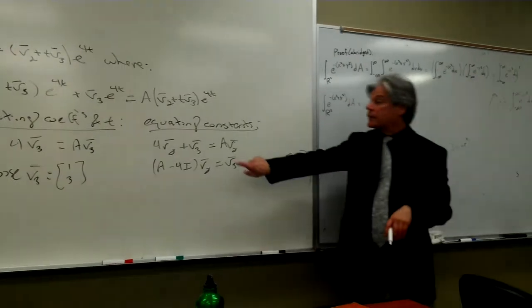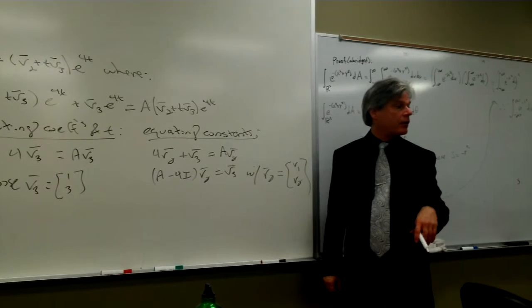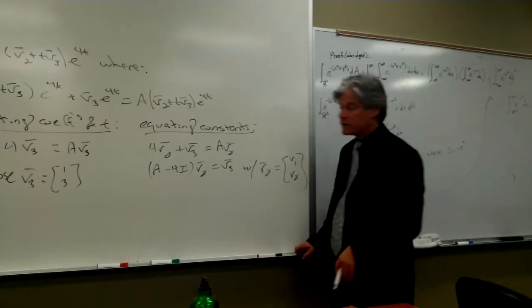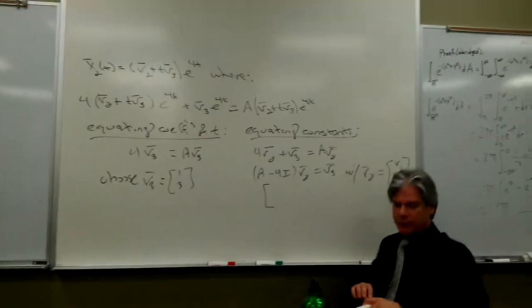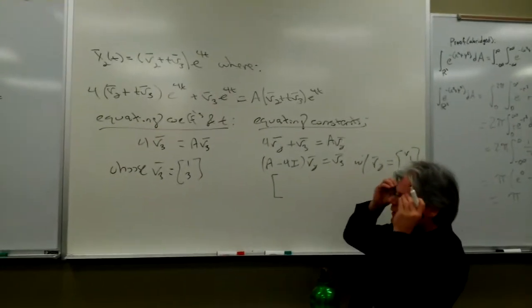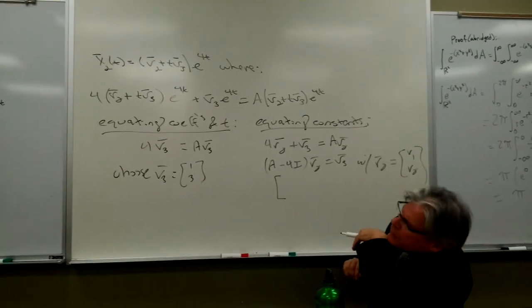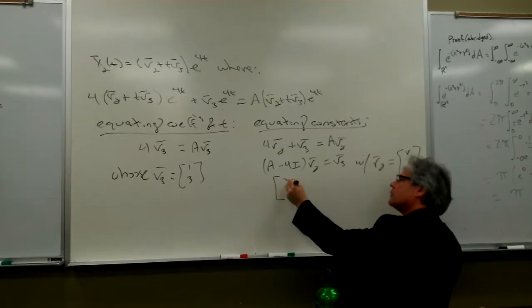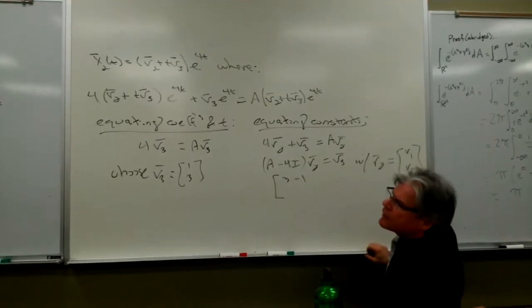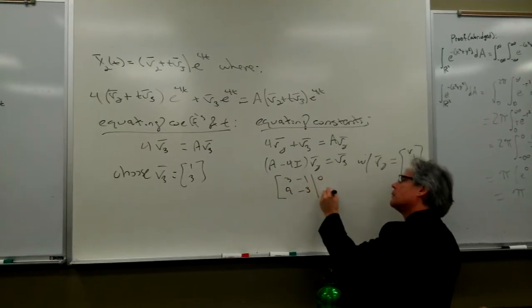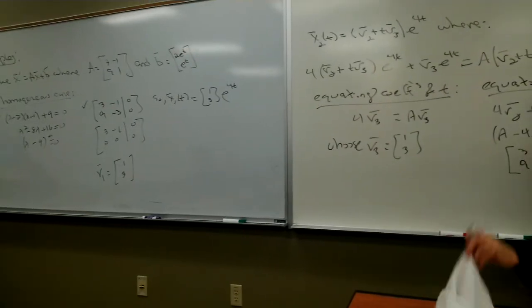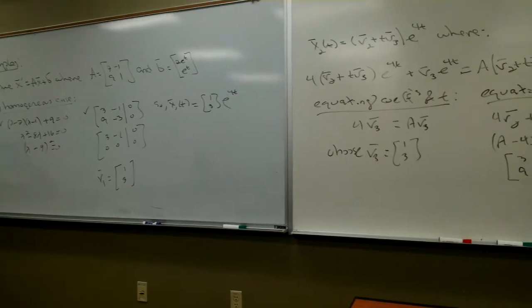Now, if I rewrite this vector equation back in matrix form for system equations, I think that gives me the following. Subtracting 4 from the main diagonal of A, I have no idea what that would be. Is that going to give me a 3, negative 1? Is it a 9, negative 3? No. Well, where's my mistake?